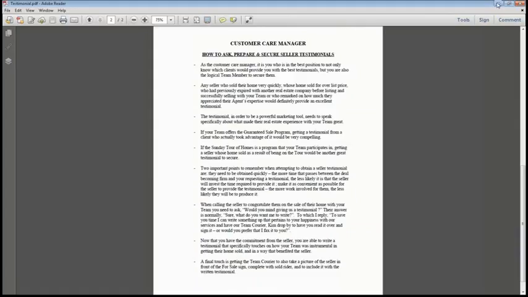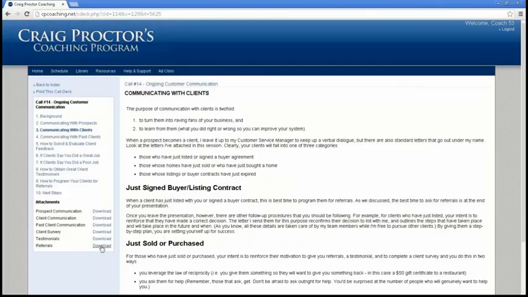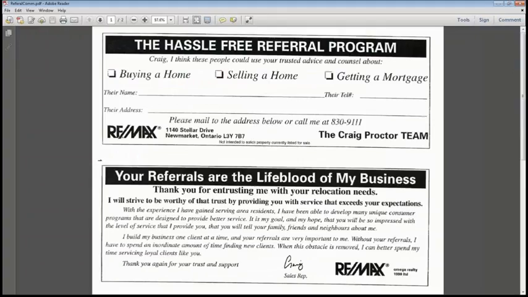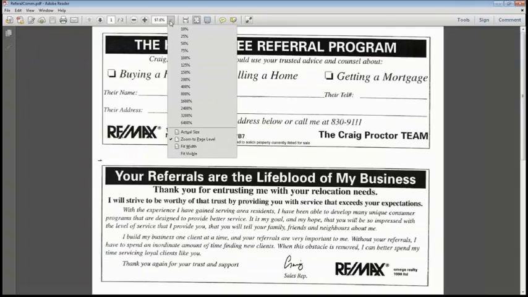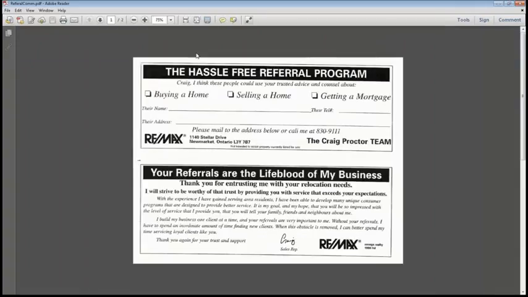Let's look at the last attachment here, referrals. Everybody download that one. This is the prompt that I talked about earlier in the call. That's front and back of a card. The front says, your referrals are the lifeblood of my business.